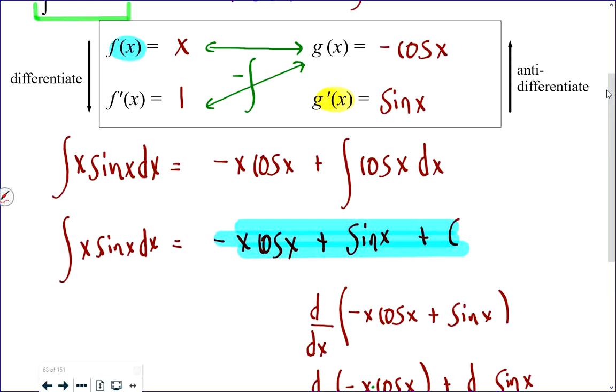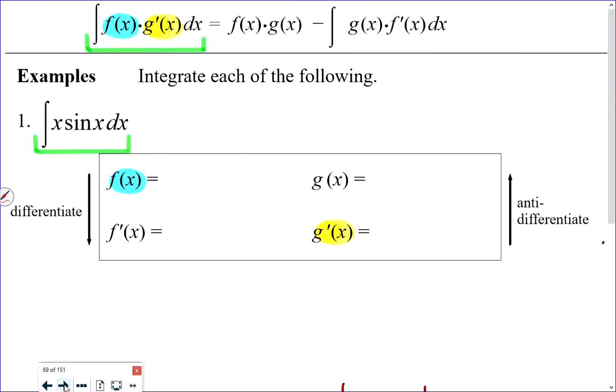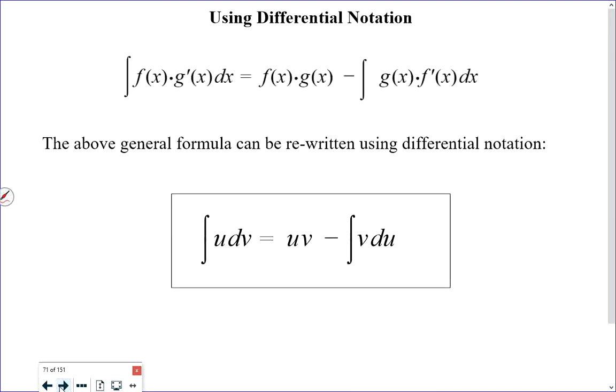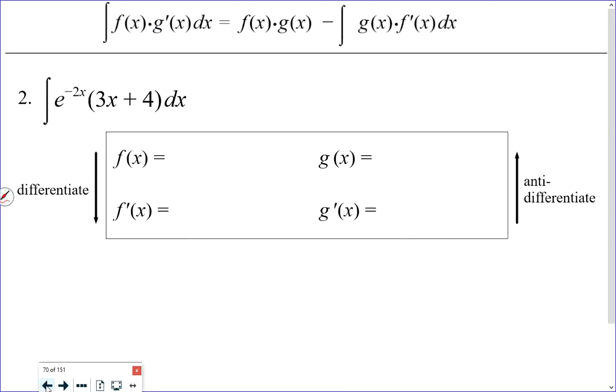All right, let's try another one. And we're not doing too many examples today, just I think 3, and then we'll get lots of practice. The integral of e to the negative 2x multiplied by 3x plus 4 dx. So what would we choose here, Christian, as f of x? 3x plus 4. Right, 3x plus 4.